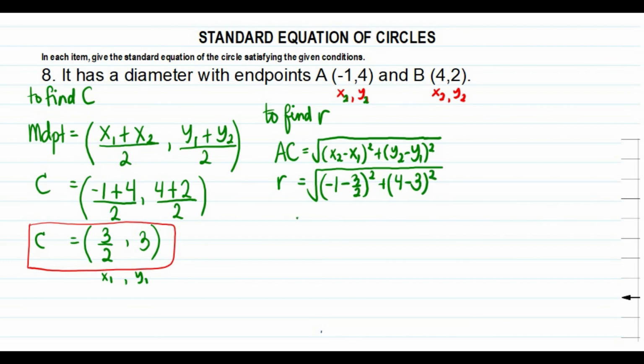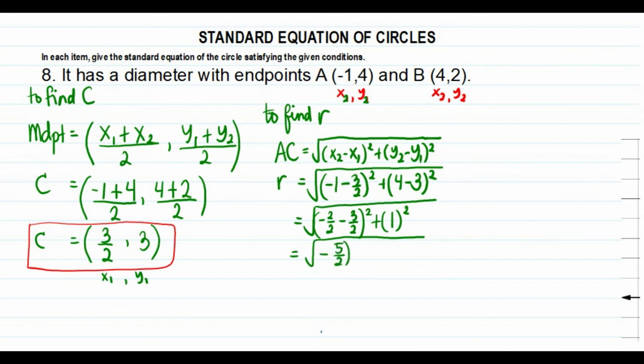And then, continue solving. Now, gawin nating improper fraction para maging similar sila. Kasi since ang denominator is 2, ginawa nating improper fraction yung 1, 2 over 2, negative 2 over 2. 4 minus 3 is 1, so 1 squared. Okay, continue solving. We have negative 5 halves.